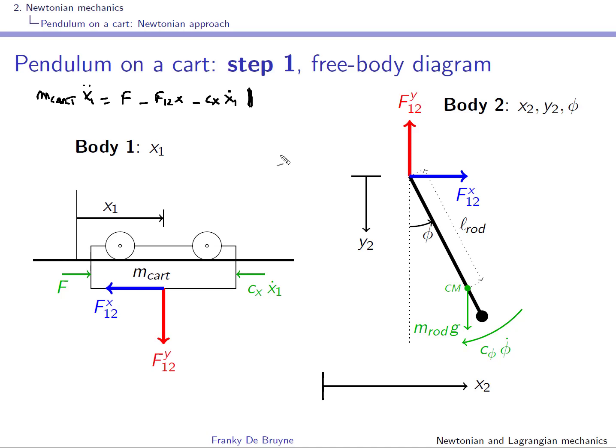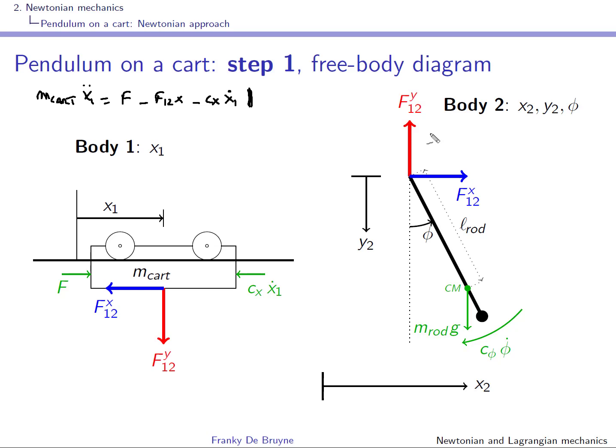Then we have to do the same thing for body 2, but here there is translation and there is rotation. We'll do first the two equations in translation, starting with the x-axis.